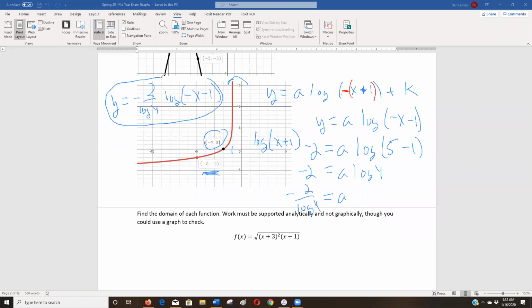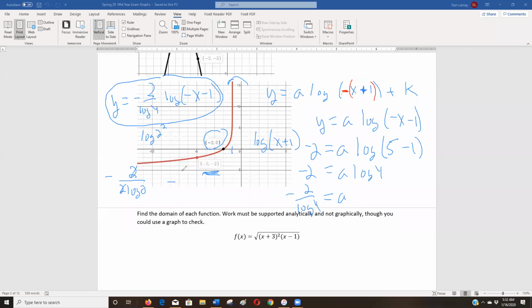This was sufficient. If this were a multiple choice question, one thing that might happen is this. We did some of this in our work in the notebook. Log 4 is the same as log 2 squared, right? And because we can bring the 2 down in front because it's an exponent using that log property, I could do this as 2 log 2, and then that 2 would cancel off.